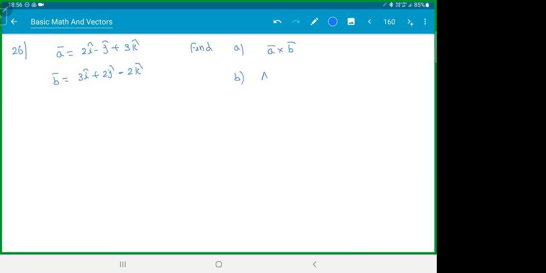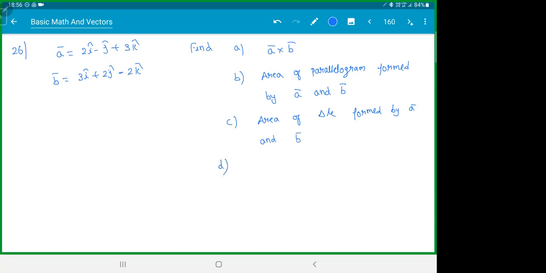Find area of parallelogram formed by A cross B. Area of triangle formed by A and B. Find A bar cross A bar minus 2B bar.